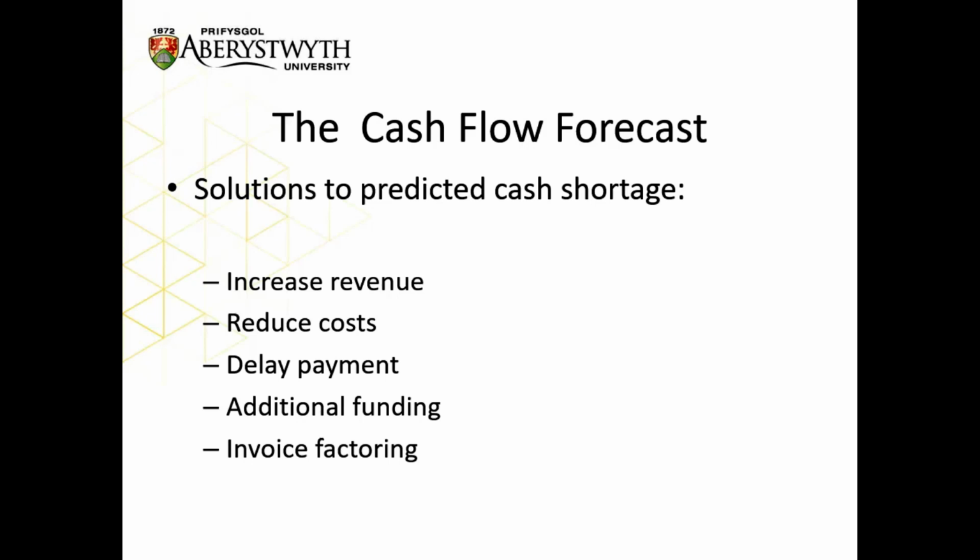So if you find that the cash flow is negative in a couple of months, you may well be able to negotiate to delay a payment to a month where the incoming cash is more than in the months that you're looking at. You could try and get additional funding, either through grants, through a parent company, or through loans, or invoice factoring, where you sell your debts to a company and they reclaim them, but you get the money nearly immediately.